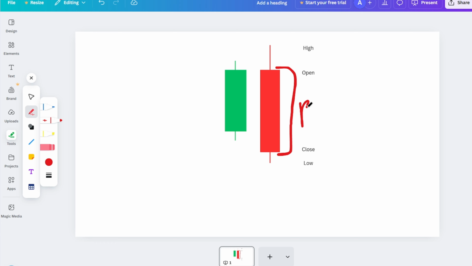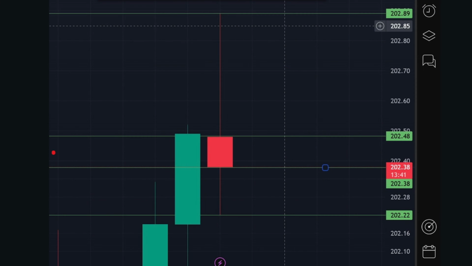Let's go to a live chart and take one example. This is Solana. I'm sure you all know about Solana, one of the top crypto coins. There is still some time left here, but this is just an example. So look at this red 30-minute candle here. It opened at $202.48 and went up to $202.89.